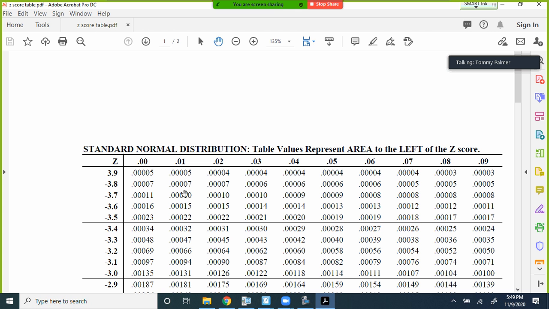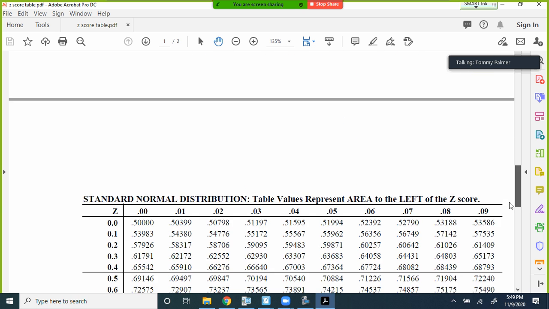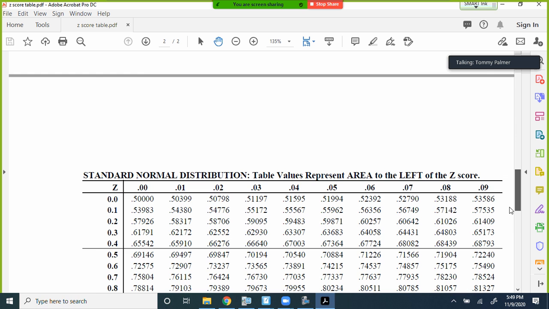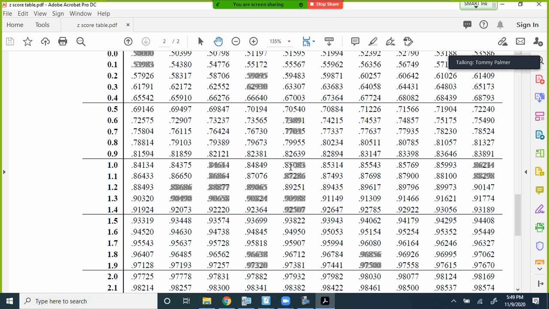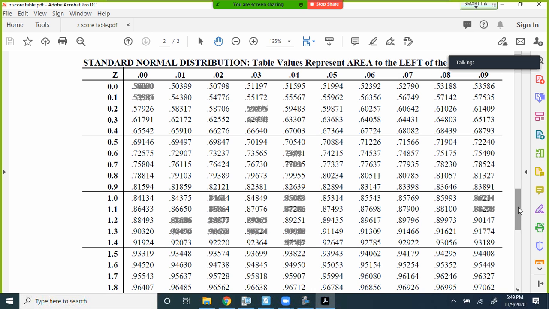If we go look at the area table, we look for 0.85. It's not exactly there. Right there, right?